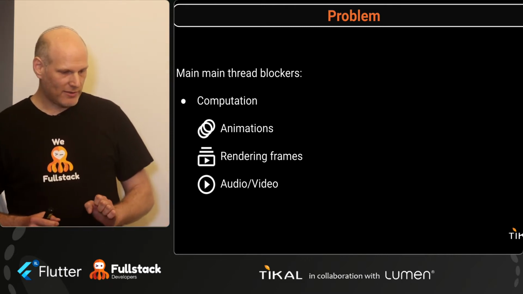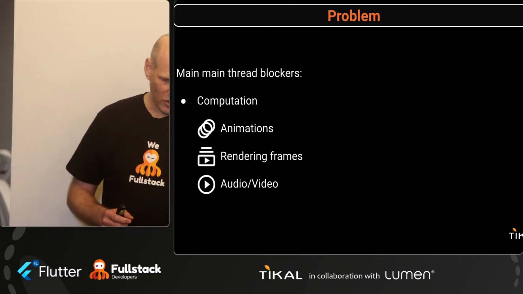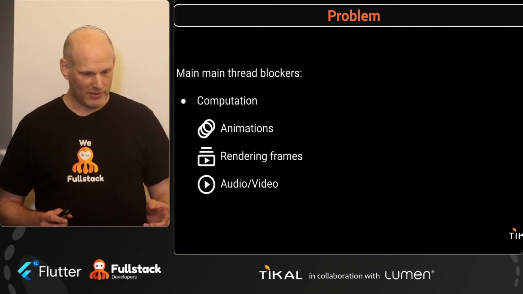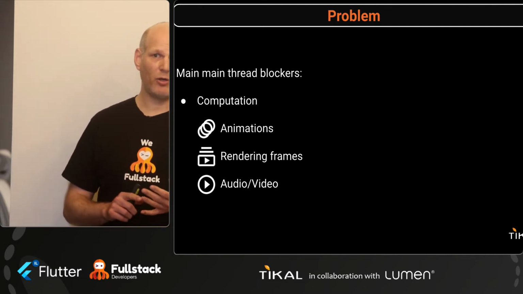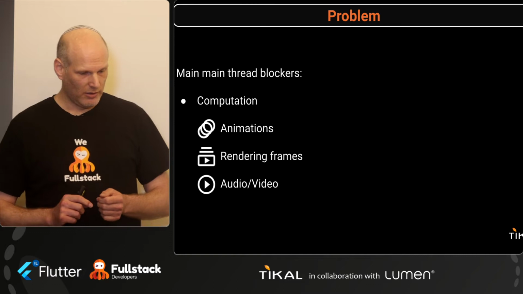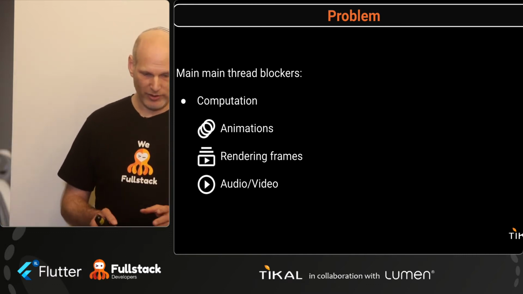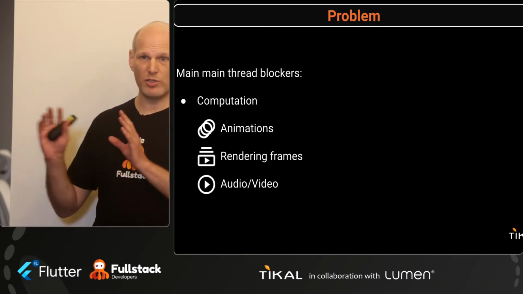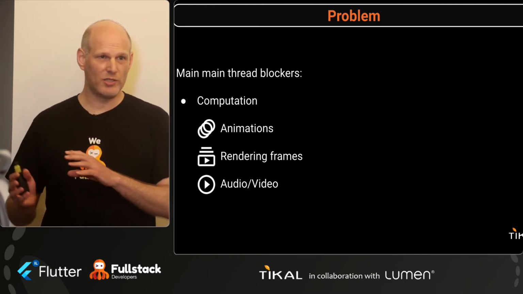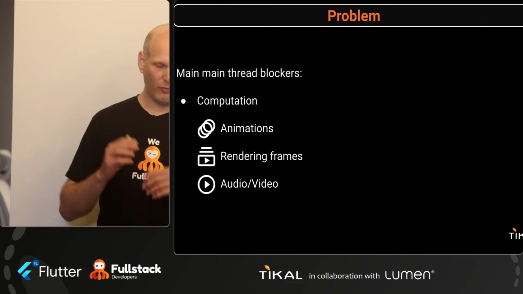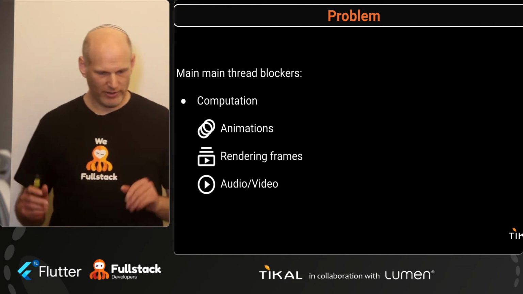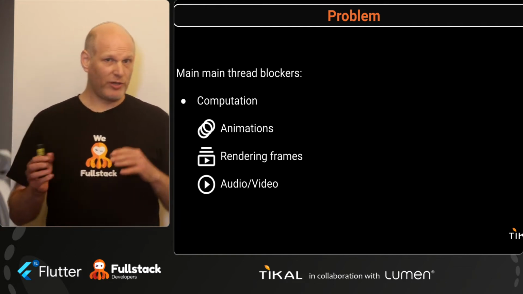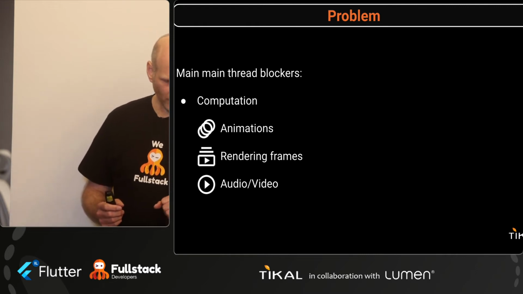Some more culprits in terms of computations. When we're rendering frames, let's say, the animations happen on the main thread. Rendering frames also happens on the main thread. If we're doing a game that does ray tracing, even the things that happen on the GPU, there's a lot of computation happening on the CPU, and we don't want to stall the main thread. When I say main thread, I also mean the UI thread.